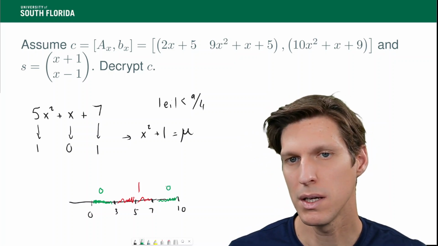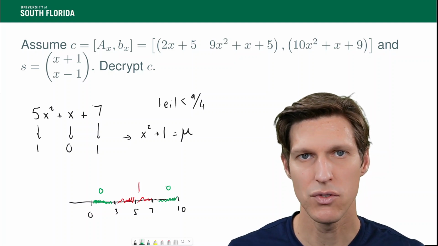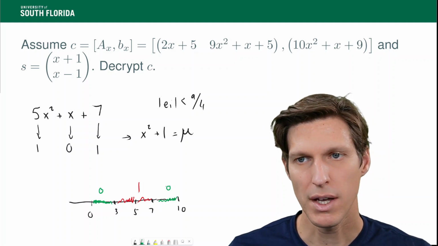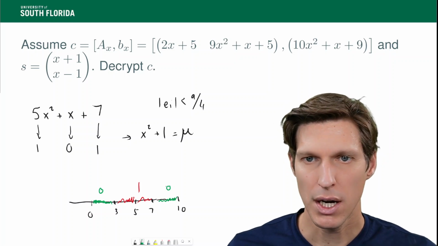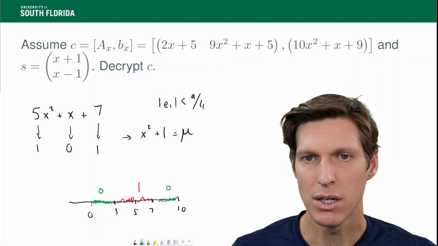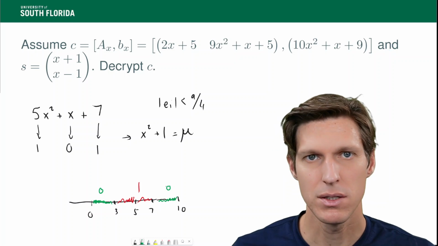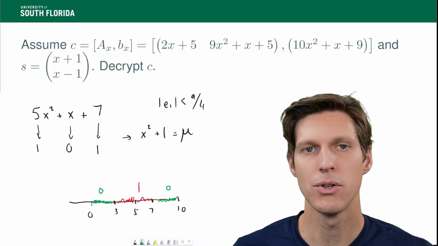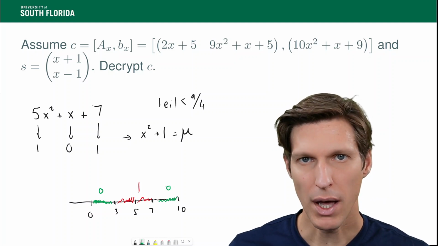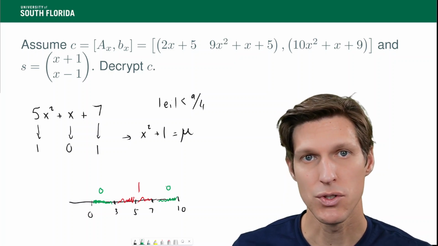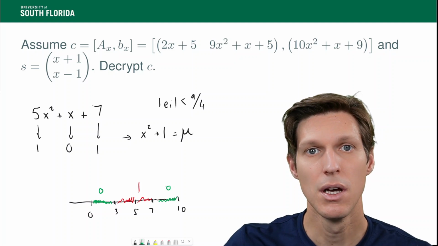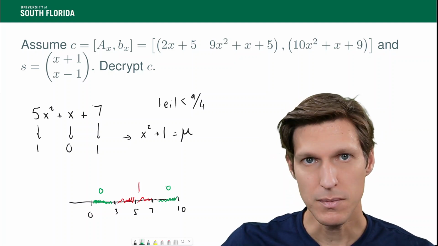I said it already in a similar video on how to decrypt LWE ciphertexts. It didn't really happen to us here because we had a 5 and a 1 and a 7. But bear in mind that those little errors in the LWE and Module-LWE ciphertext can be chosen with negative coefficients. That's really the only little trick here.